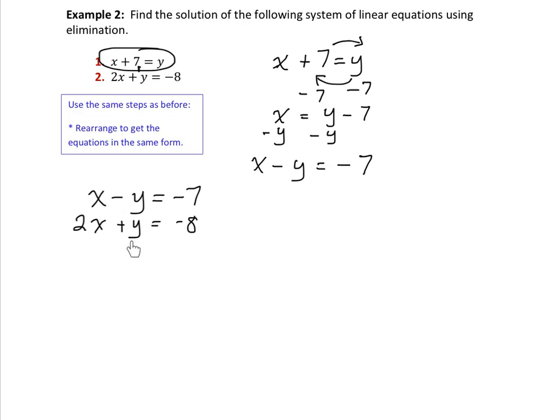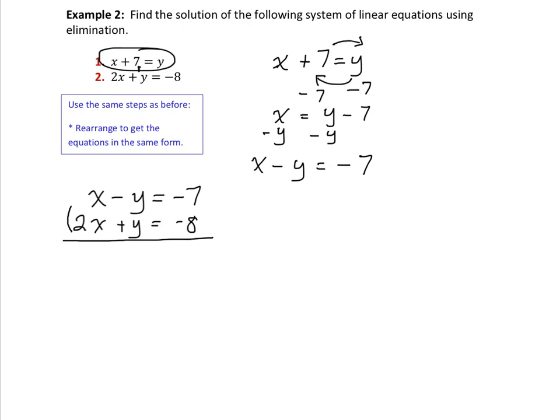Now I notice that my y's both have a coefficient of 1, however their signs are opposite. That's okay. We need the same or opposite numbers in front of our variable. Negative 1 and positive 1, they are opposites. So we can go ahead and just decide if we need to add or subtract these equations.